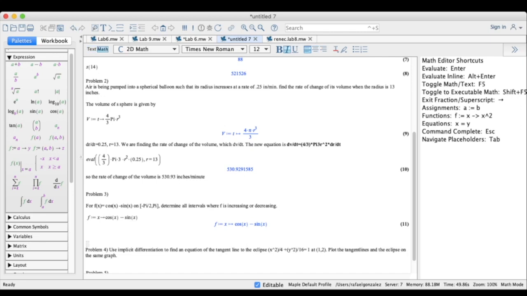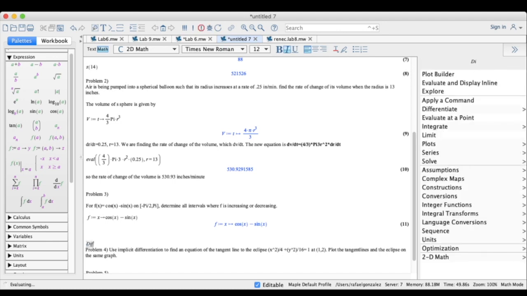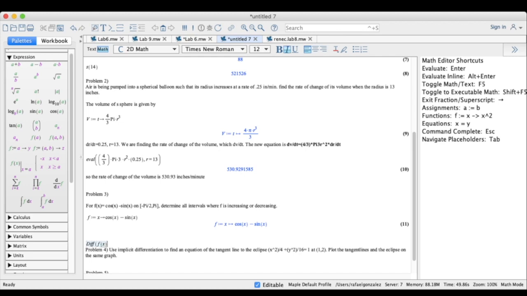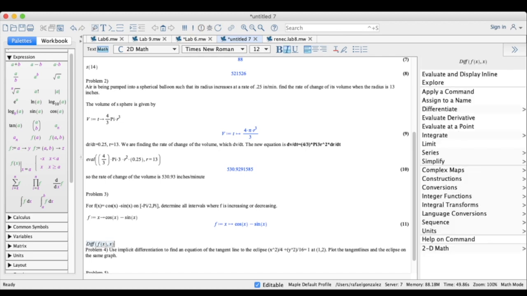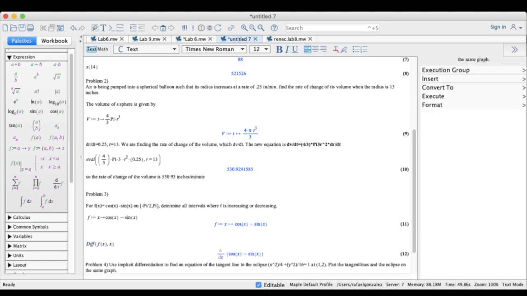To take the derivative, we'll use the diff command. So diff of f of x, for x. Remember, the diff command takes the derivative of the function for the specified variable, and it's without a capital D, by the way.